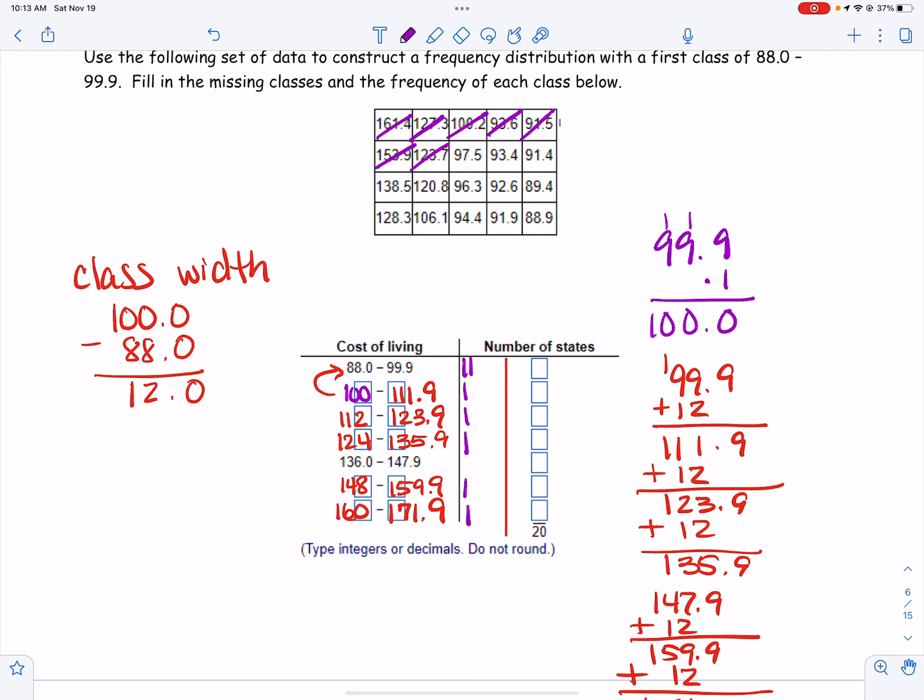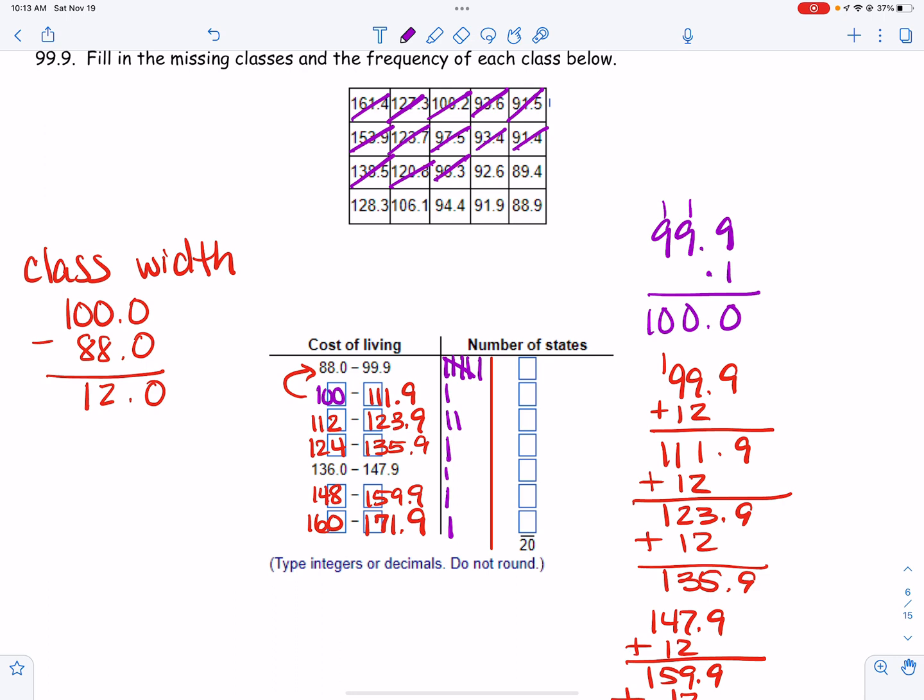123.7. 97.5 is in the first. 93.4 is in the first. 91.4 is in the first. 138.5. 120.8. 96.3. 92.6. 89.